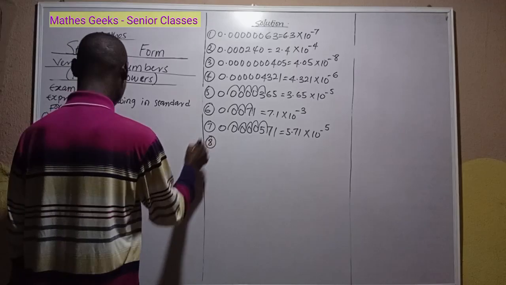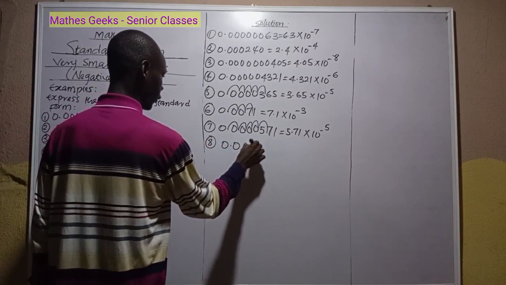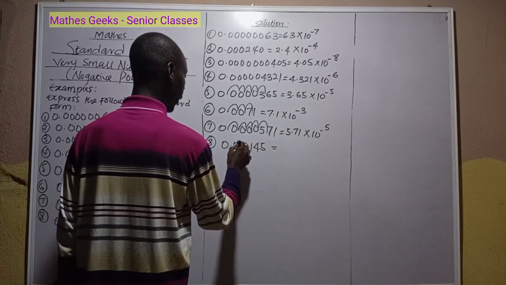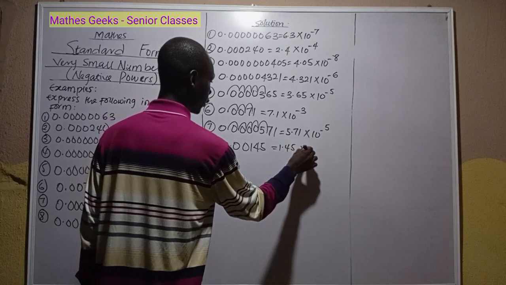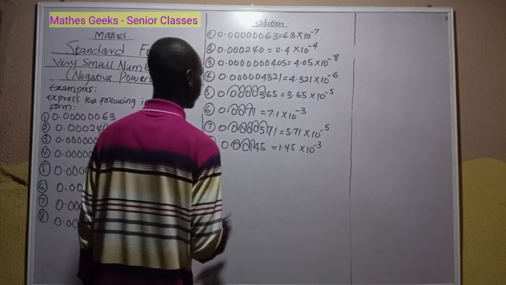Number 8, 0.00145 equals 1.45 times 10 to the, 1, 2, 3, minus 3.